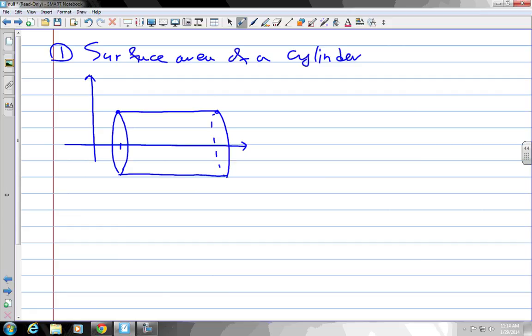So let's say this is a, this is b, and this is r. Now again, a bottomless and topless cylinder, of course. We're not doing the areas of the bases and the tops, just the walls. Without doing any calculus, can we figure out the surface area of that thing? It shouldn't be hard, right?